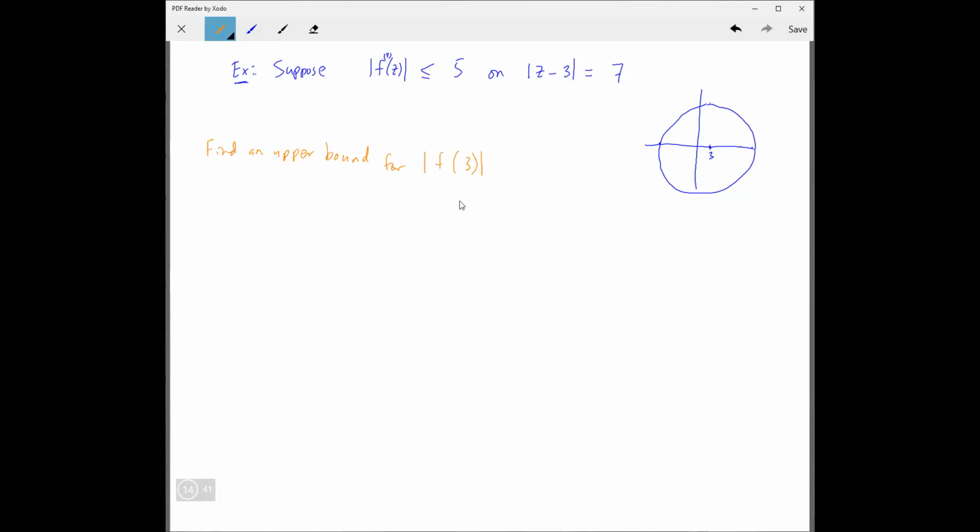Wait a minute, I messed up. The derivative goes right here. Find an upper bound for the third derivative of f at 3.